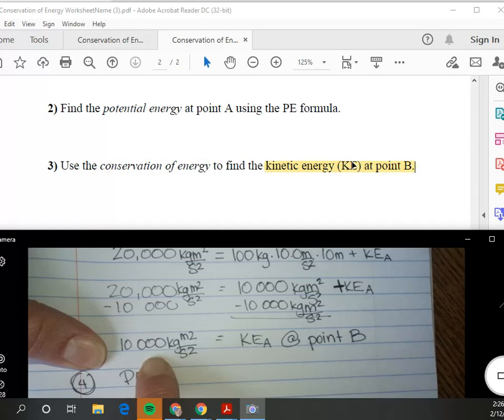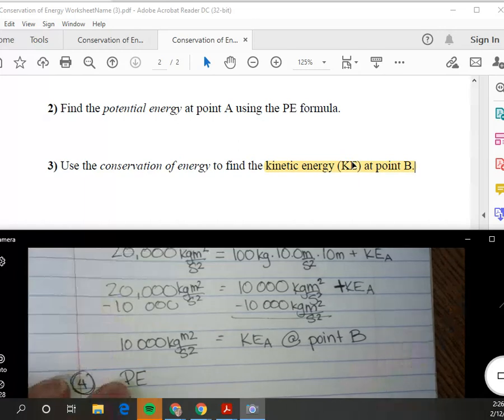But you didn't have a velocity that you could use. And the problem says use the conservation of energy formula. So I'm just showing you the way to do it with the problem that you're given. So if you got the right answer, that's good.